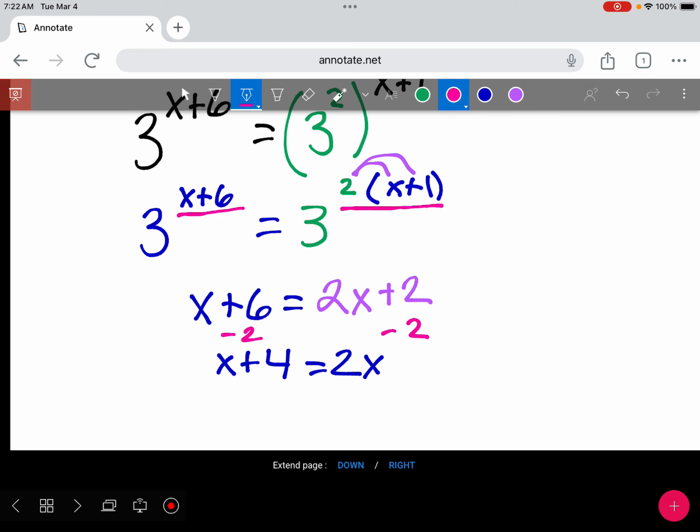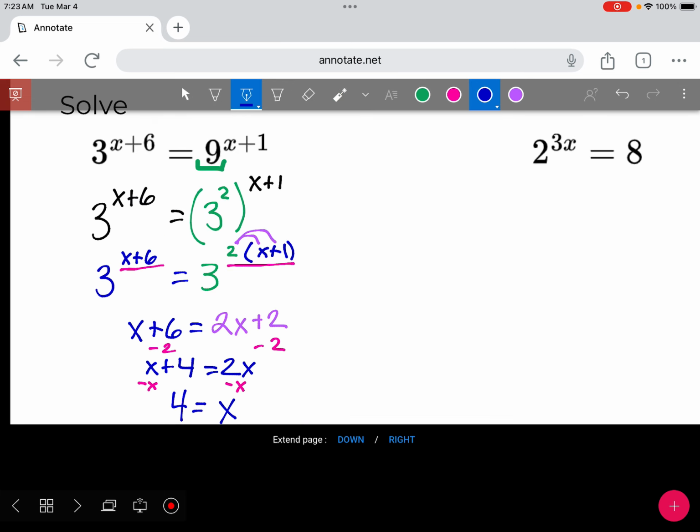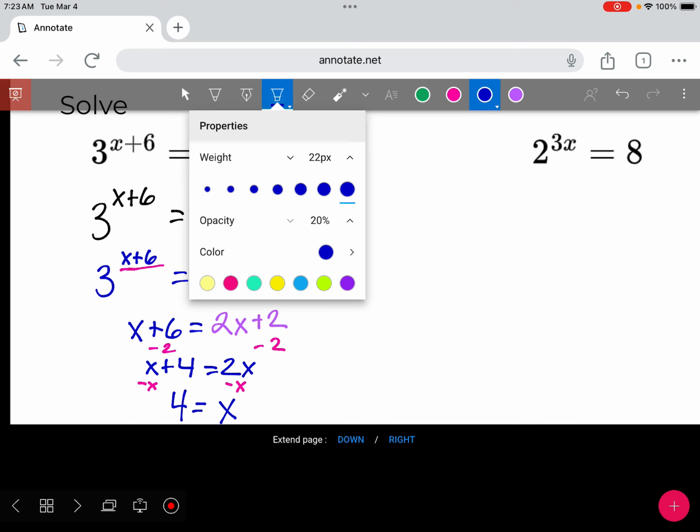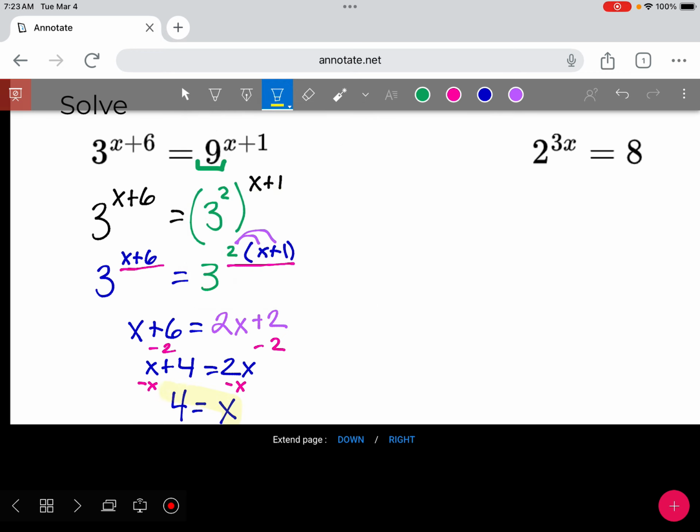And minus x from both sides. What do we get? 4 equals x. Or what sounds better in my brain, x equals 4. Agreed, but both are correct. Like, I legit wrote x equals 4. Yeah, totally fine. Absolutely valid.